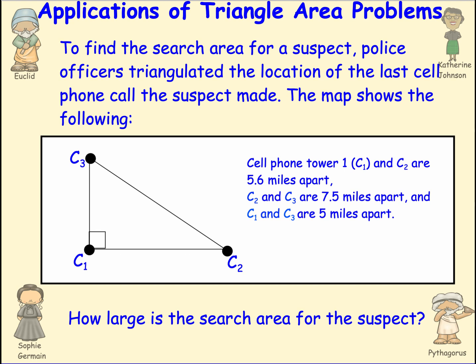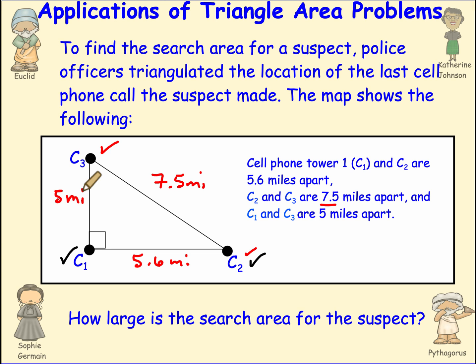Cell phone tower 1, C1, and C2 are 5.6 miles apart. Cell phone tower 2 and cell phone tower 3, so that's these two, are 7.5 miles apart. And cell phone tower 1 and cell phone tower 3 are 5 miles apart. We want to know how large is the search area for the suspect.